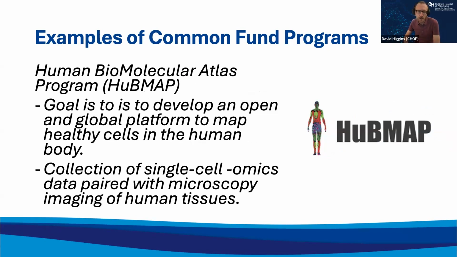So we're not just tissues, we're a collection of cells, and how do these cells arrange themselves, talk to each other, and ultimately form tissues and organs and human beings. Since they're very cell oriented, they have a lot of single cell data. They also pair with microscopy imaging of human tissues as well.